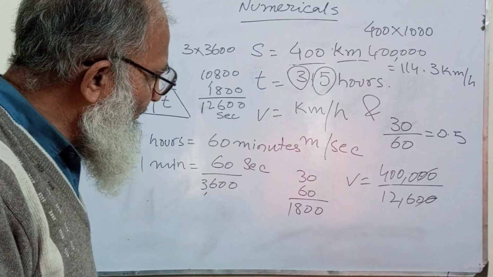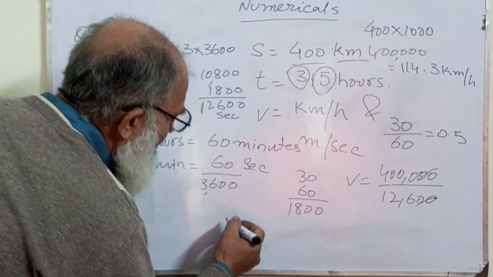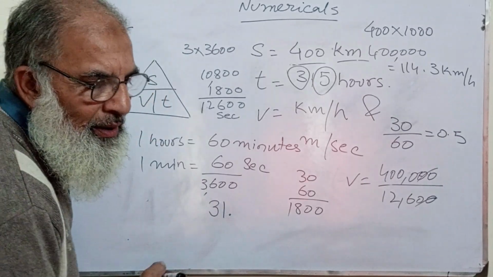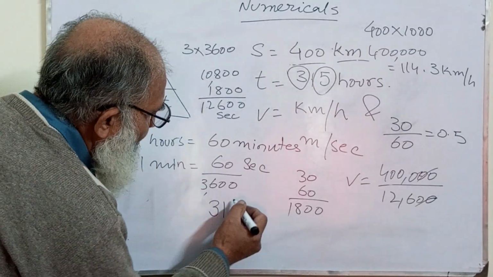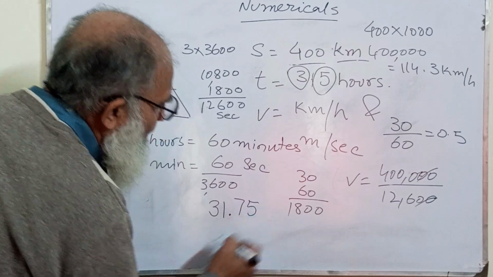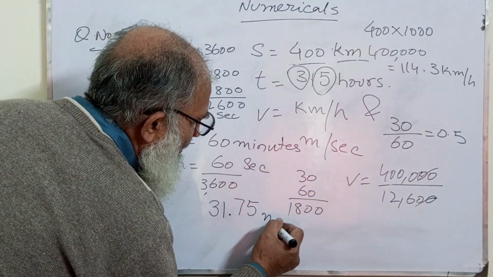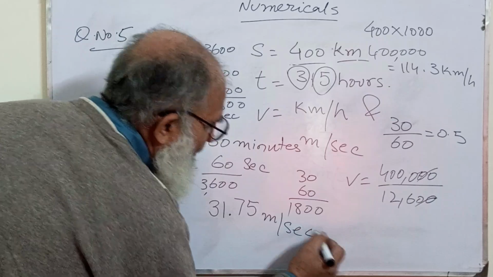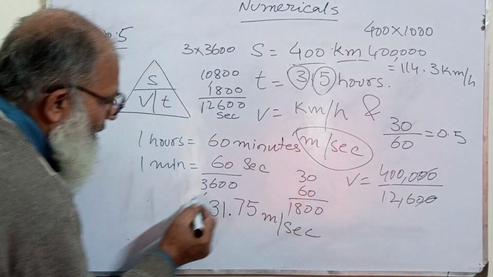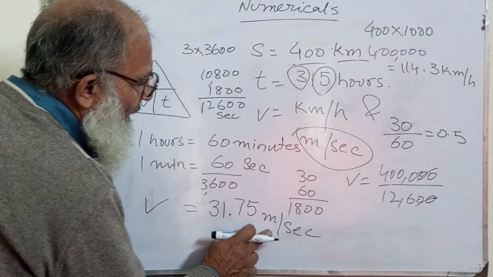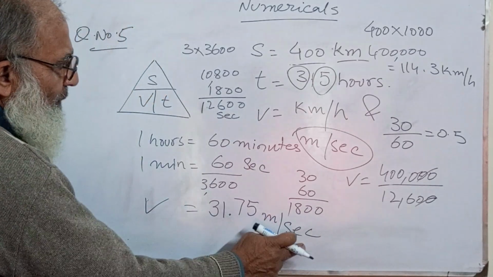So our answer will be 31.75 meters per second. This is V, which is 31.75 meters per second.